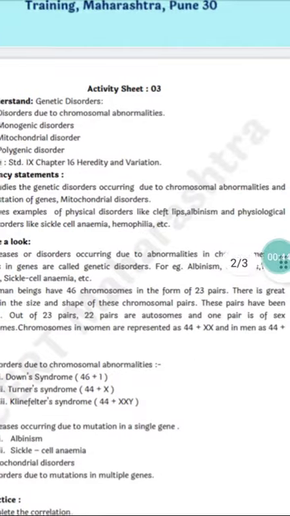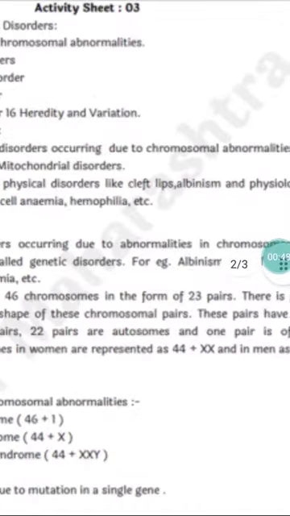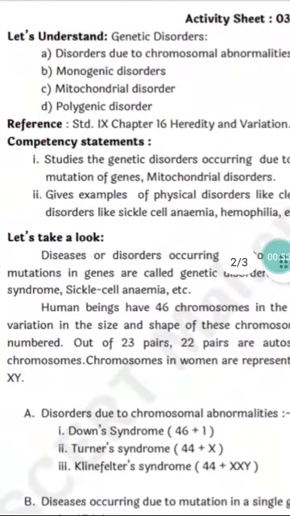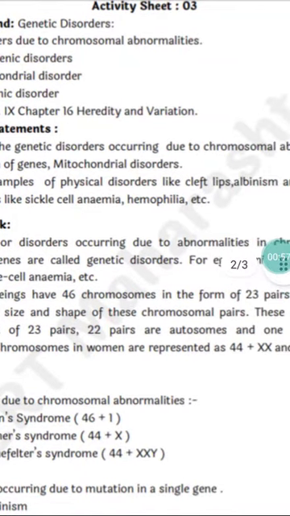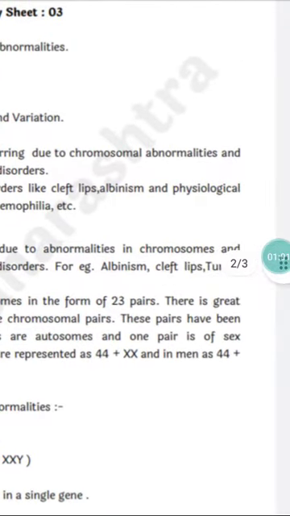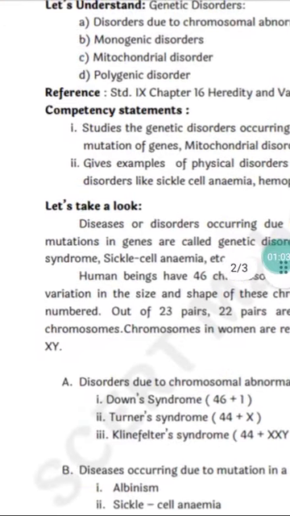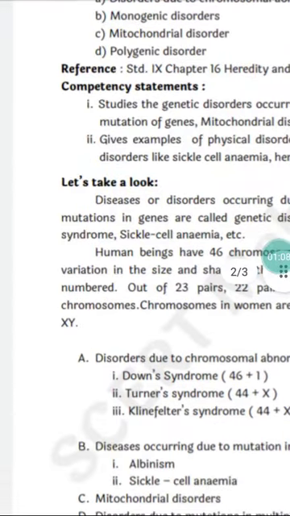The genetic disorders occur due to chromosomal abnormalities, the mutation of a gene, and mitochondrial disorder. There are many examples: physical disorders like cleft lips and albinism, and physiological disorders like sickle cell anemia and hemophilia.